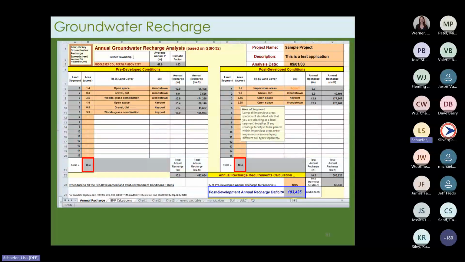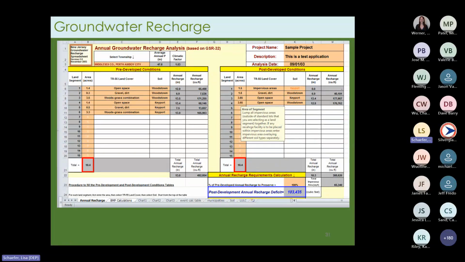All right, we're going to note that infiltration is not the same as groundwater recharge. Infiltration is just getting runoff into the subsoil. But for groundwater recharge, the runoff needs to not only get into the subsoil, but it has to pass the root zone. So for different soils, there are different depths of root zones.